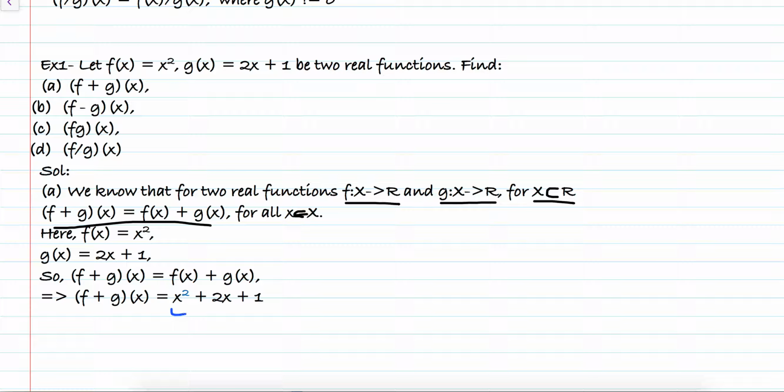So this x square comes from f(x) and this comes from the second function. So this should be our answer for (f plus g)(x).